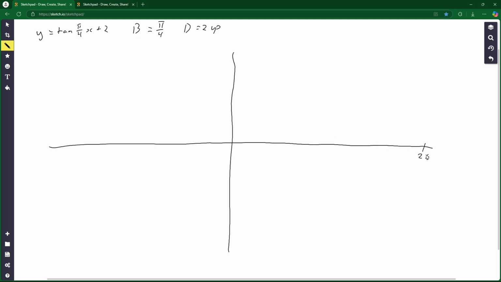This is going to be 2 pi. This is going to be pi, pi over 2, 3 pi over 2. This is going to be negative 2 pi. This is going to be negative pi. This is negative 3 pi over 2. And this is negative pi over 2.